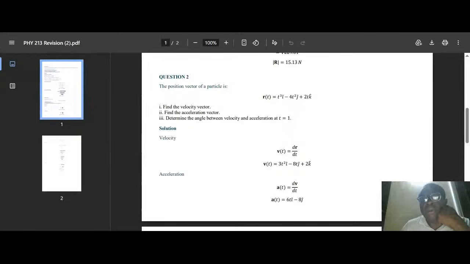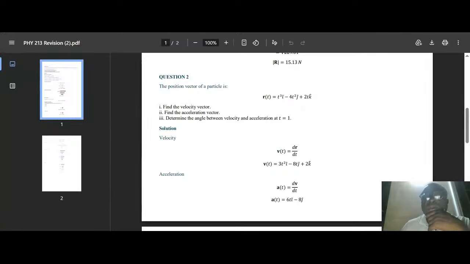Including the unit vectors, we now have 3t squared i minus 8t j plus 2k, and that is the velocity vector.